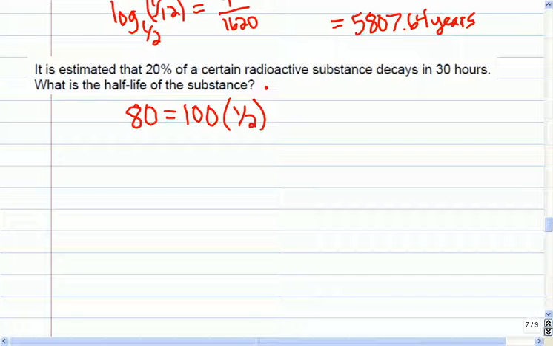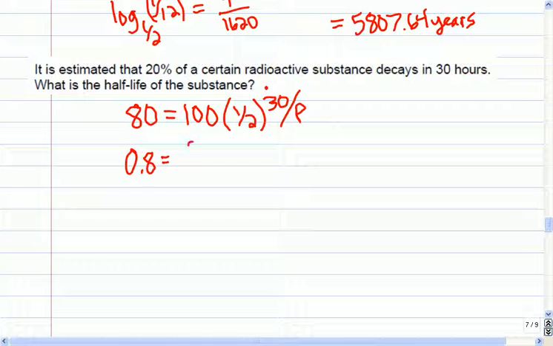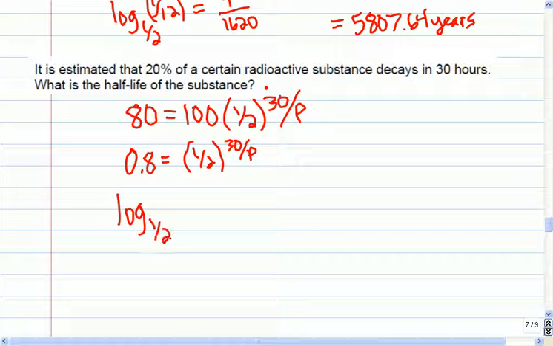And it says that 30 hours have gone by, and I'm looking for that growth period. I'm looking for how long the half-life is. Okay, so we can rearrange these. You could also write it as 0.8 as in 80%, and 30 divided by the period. So we got log base 1/2 of 0.8 equals 30 over p.